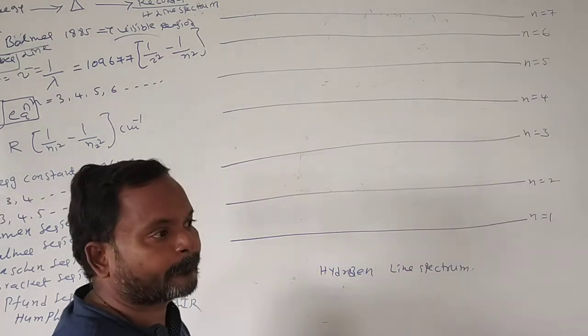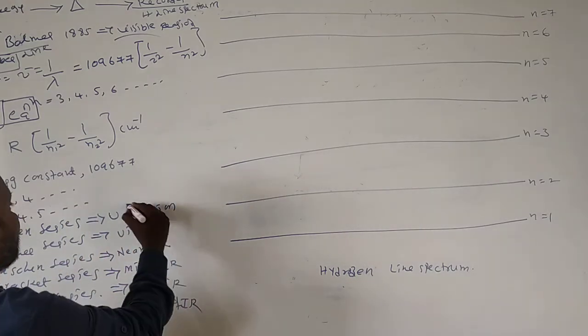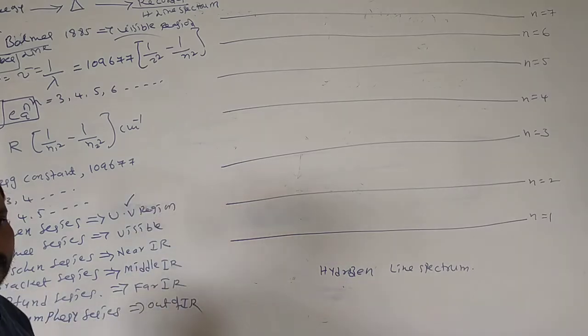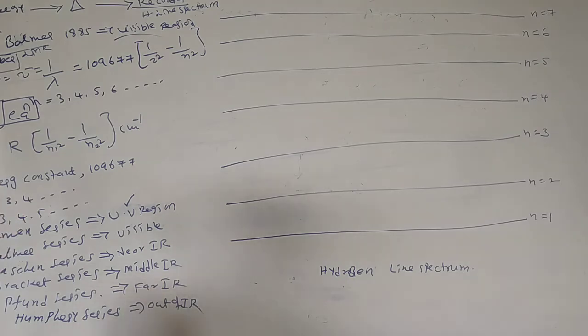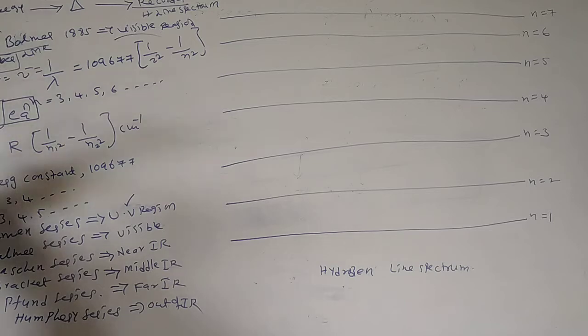You see, when Lyman series is formed, when Balmer series is formed, and here when Paschen series is formed, all these series. See, the hydrogen atom absorbs energy at the ground state and moves into an excited state.